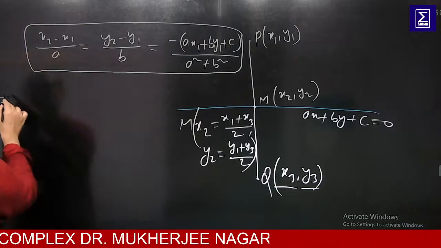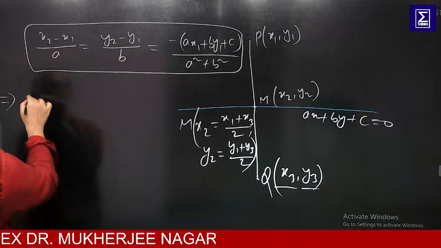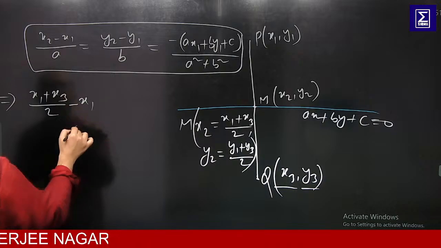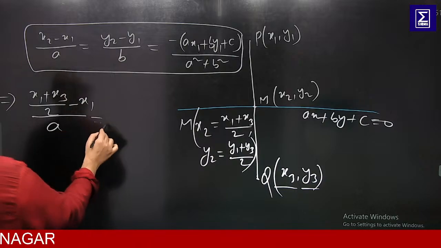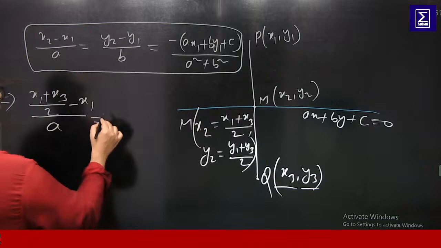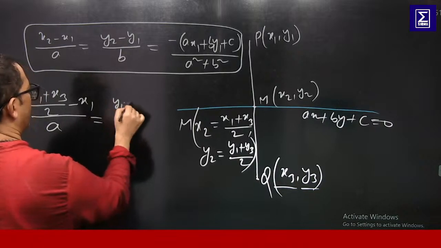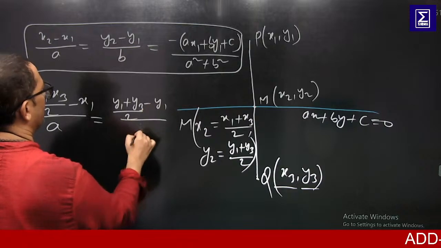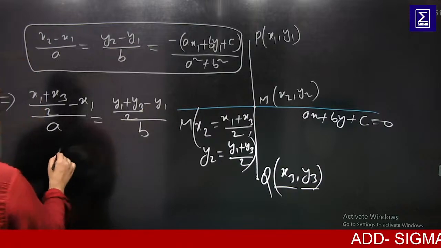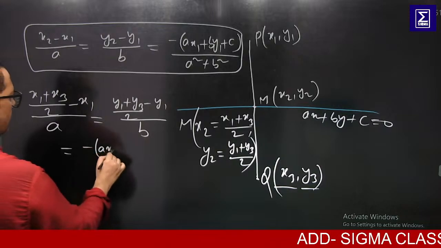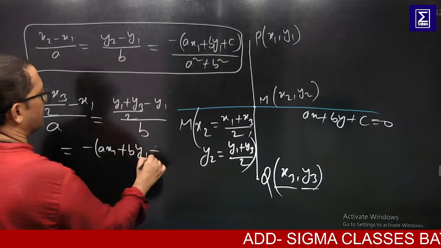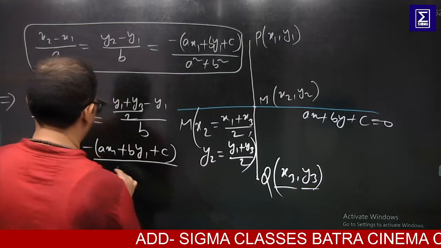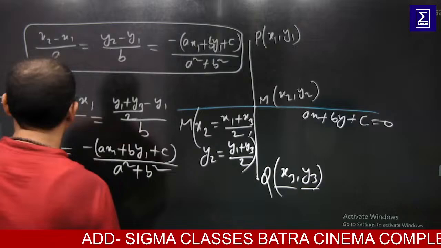So this will be ((x1 + x3) upon 2 minus x1) upon a is equal to ((y1 + y3) upon 2 minus y1) upon b, and that is equal to minus of (ax1 + by1 + c) upon a square plus b square.